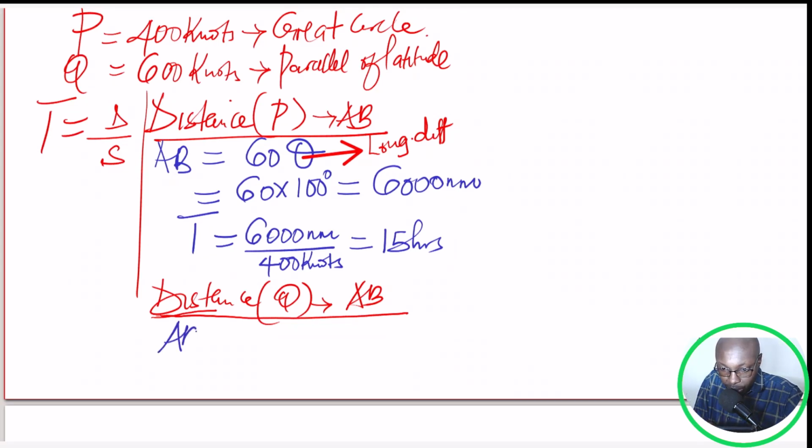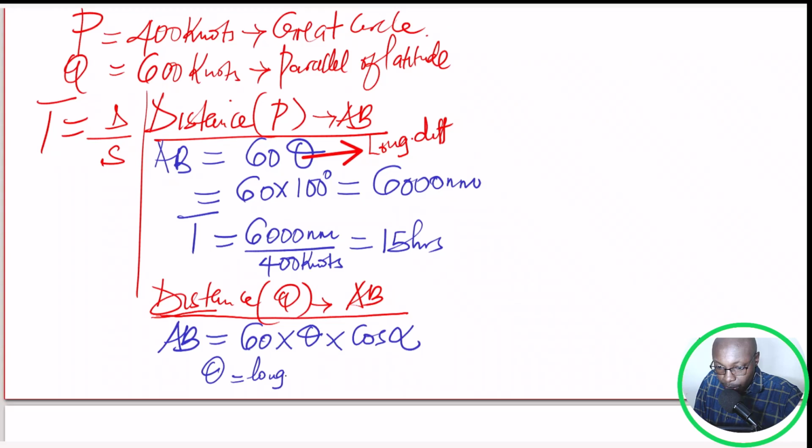Distance along the small circle in nautical miles is given by 60 multiplied by theta multiplied by the cosine of alpha, where theta is the longitude difference and alpha is the latitude angle.